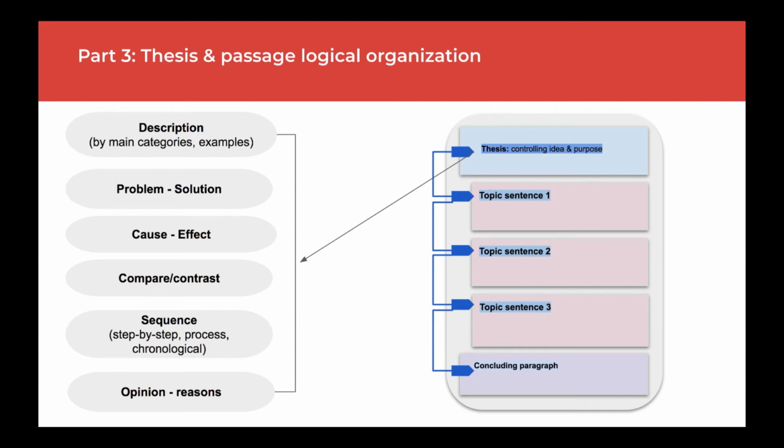For example, problem, cause, solution, compare and contrast, or description could also be linked with the problem solution. You have to expect these variations. However, when you read the thesis, it should be clear to you what is the dominating line, and therefore it will be easier for you to orient yourself in the passage and find the relevant information.